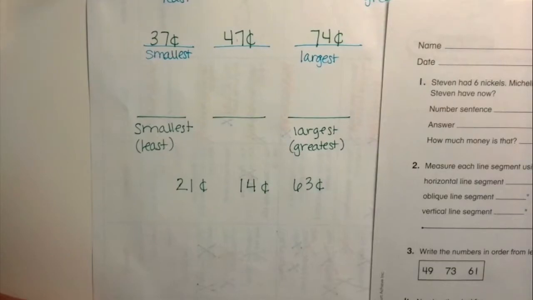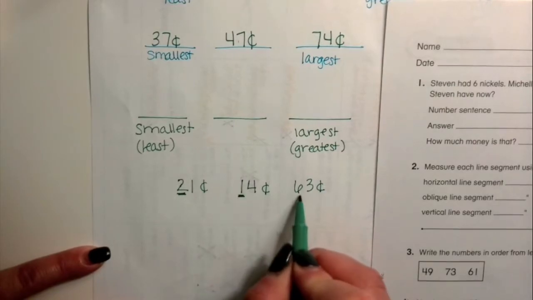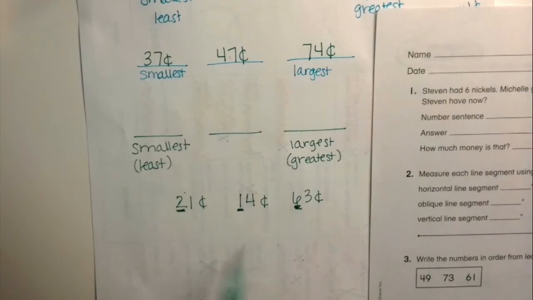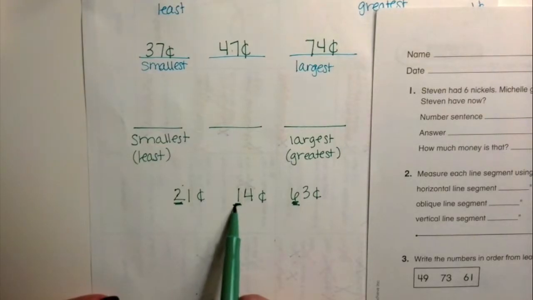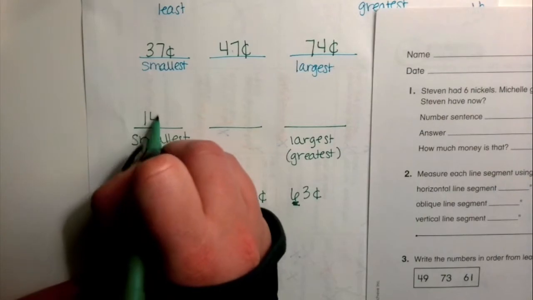Which is the smallest amount of money? Which is the least? Remember to take a look at your 10 spot here. Which number is the smallest? 2, 1, or 6? Right, 1 is. So 14 is the smallest amount of money.